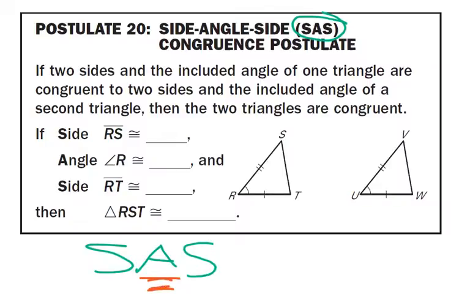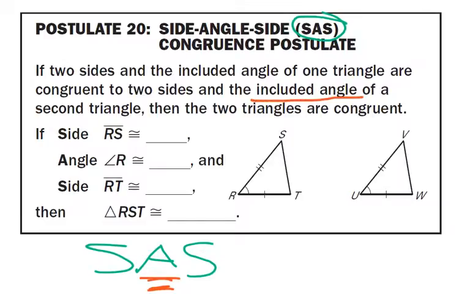If that's congruent to 2 sides and the angle between on another triangle, then the 2 triangles are congruent. So again, when it says the included angle, it means the angle that's between those 2 sides.